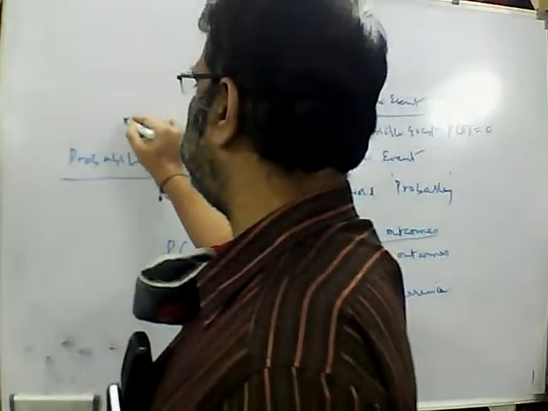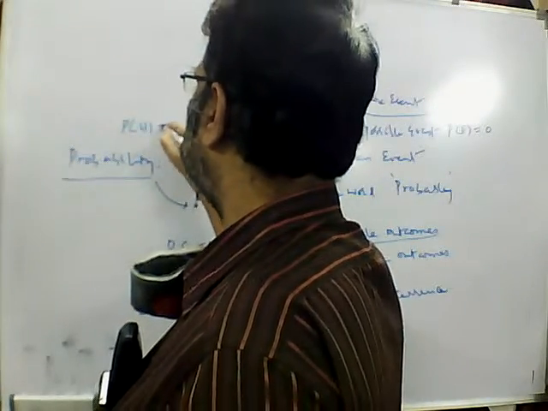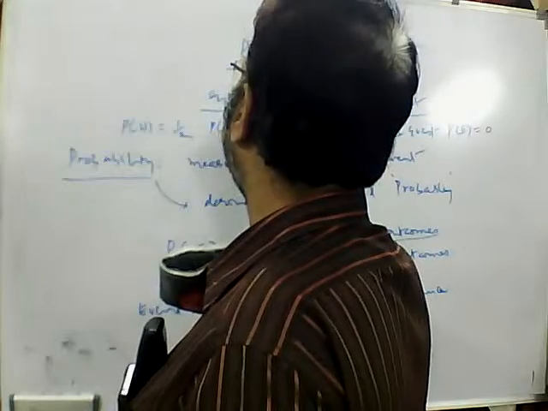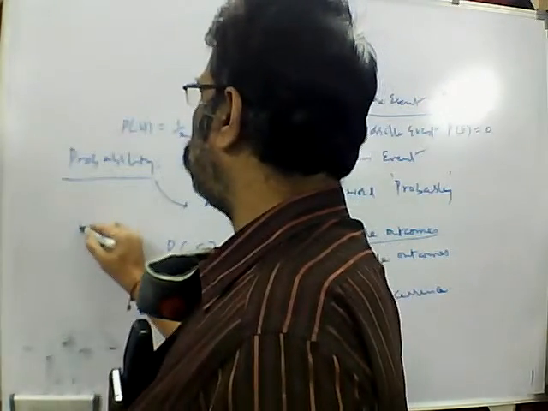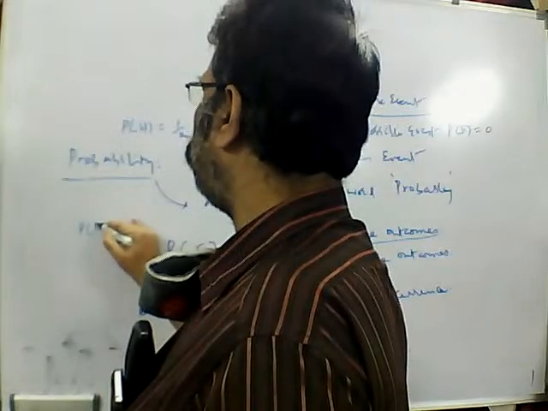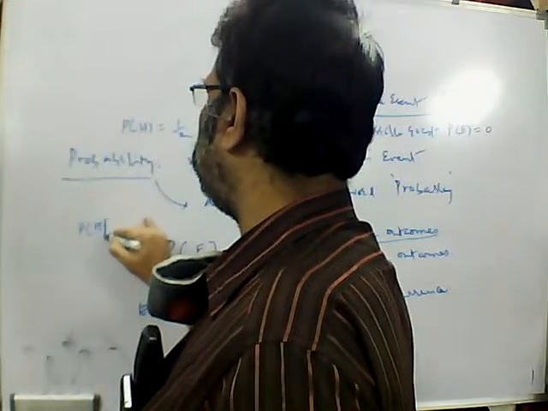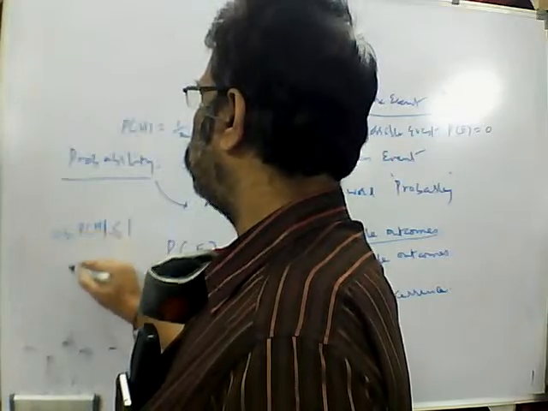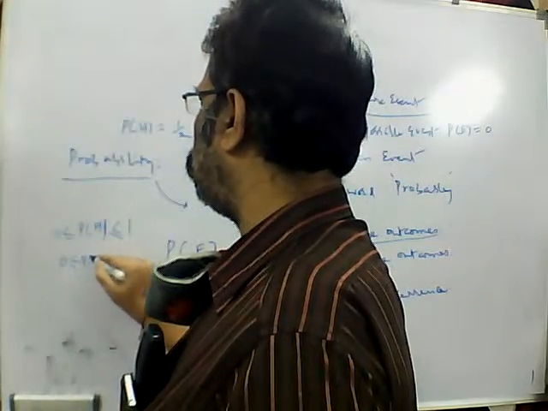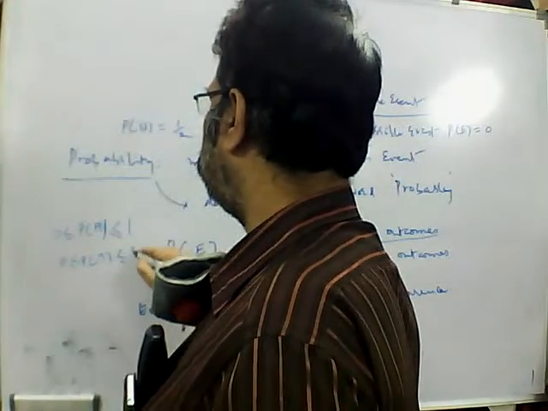Suppose I toss a coin: the probability of head is 1 by 2, and the probability of tail is also 1 by 2. Definitely head or tail must and should happen. So the probability lies between 0 and 1, and similarly the probability of tail also lies between 0 and 1.